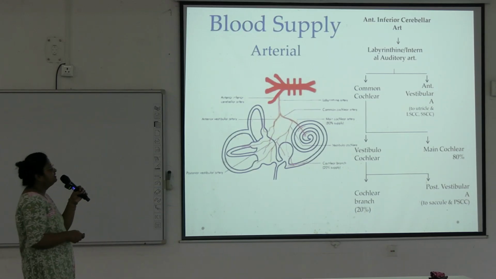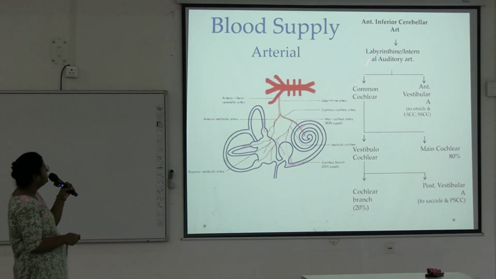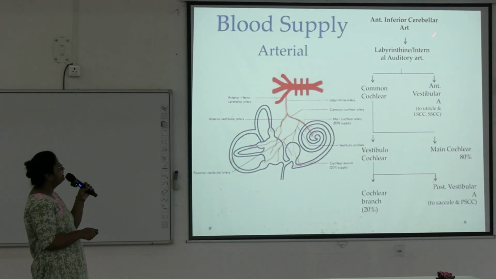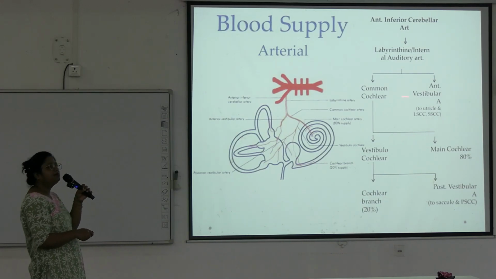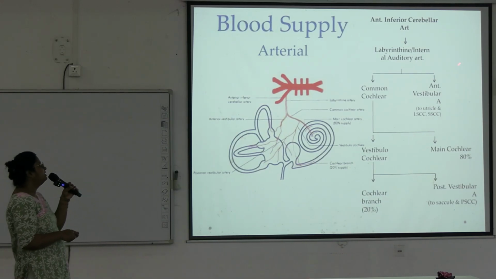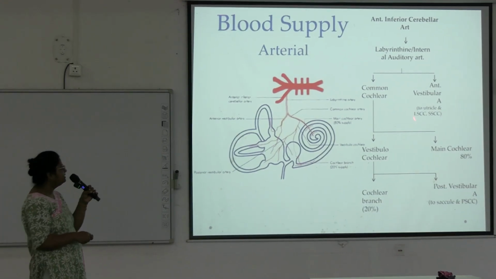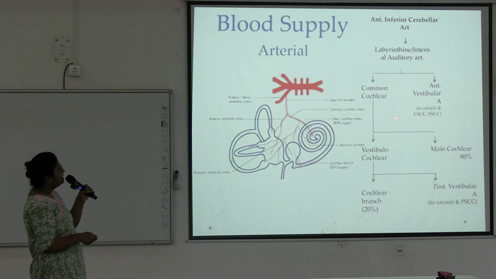Next we are going to the blood supply of the inner ear. It is supplied by the anterior inferior cerebellar artery supplying the labyrinth, which gives the labyrinthine or internal auditory artery, which again gives these branches: the common cochlear and anterior vestibular artery. Anterior vestibular artery supplies the utricle, lateral and superior semicircular canals.